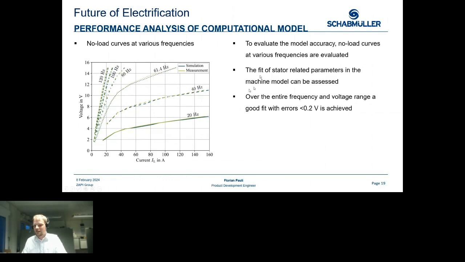We can see that the fit of stator and rotor related parameters yields a very small error over the whole operating range.